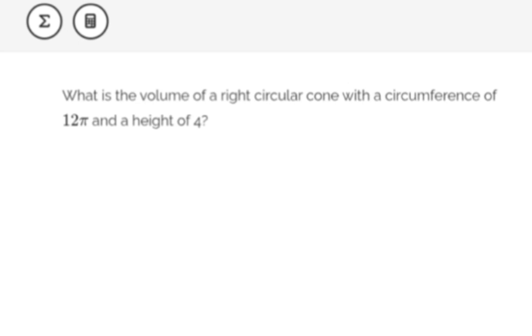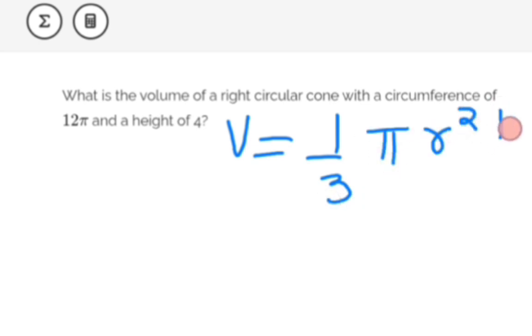This is again a very interesting question, and it is a little bit more difficult than the previous one. So what is the volume of a cone? The volume of a cone is given as 1 upon 3 pi r square h. For this you need your height, which is given, but you also need your r. Now r is not given, but instead they have given us the circumference.